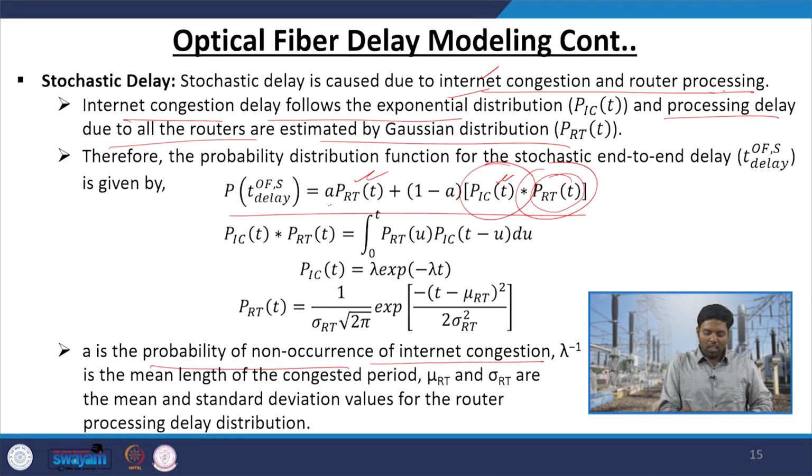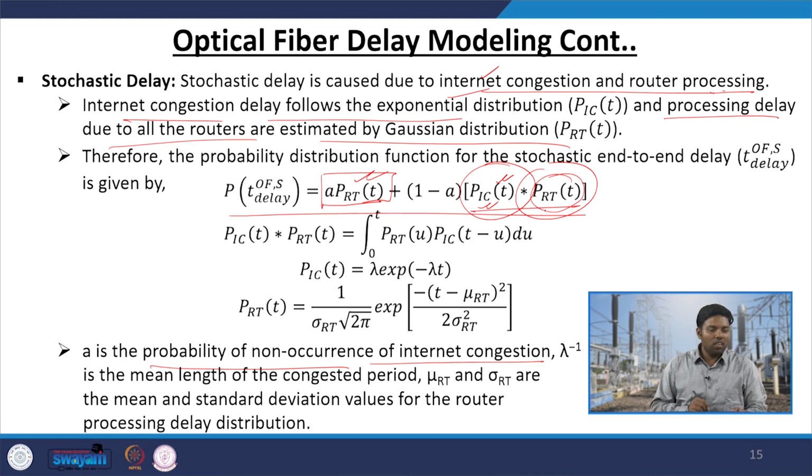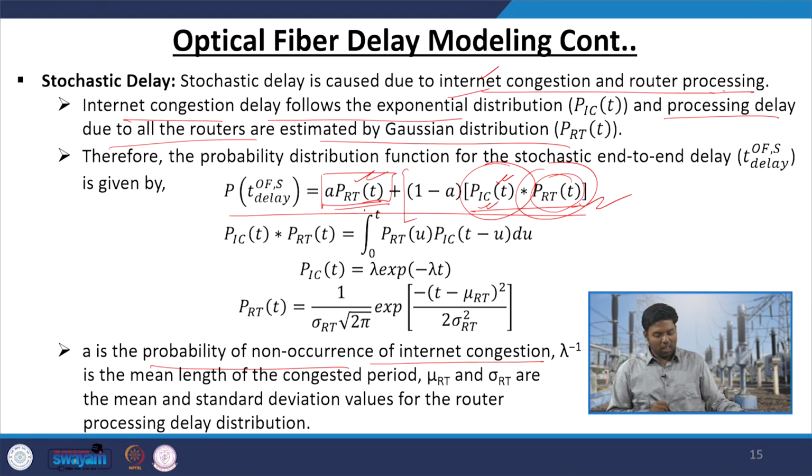Router delay is already there, that you cannot avoid, but with that you will get an extra delay that will be caused by internet congestion, and that internet congestion is again dependent upon how much delay you are incurring at the router. That is why you see this convolution operation for denoting the internet congestion delay. That is the total internet congestion and this is for the router delay alone.